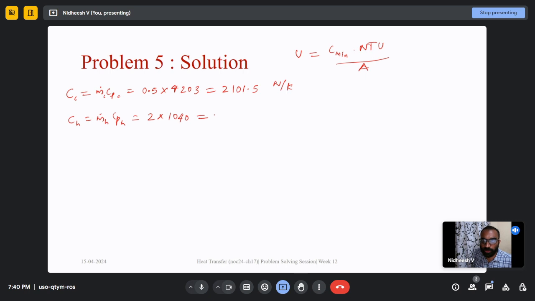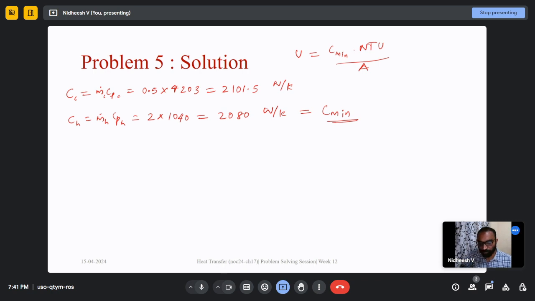So this is equal to 2080 watts per Kelvin. We can see that they are very close values, but still C hot is lesser than C cold. So C hot is the C minimum among these, and that is the C min value.